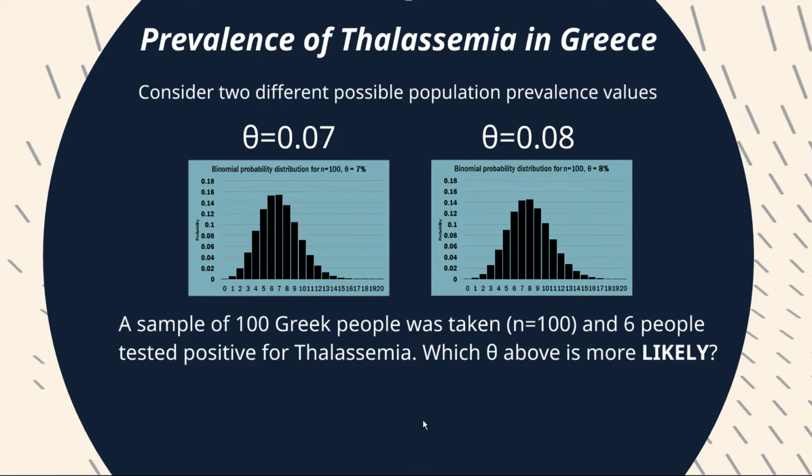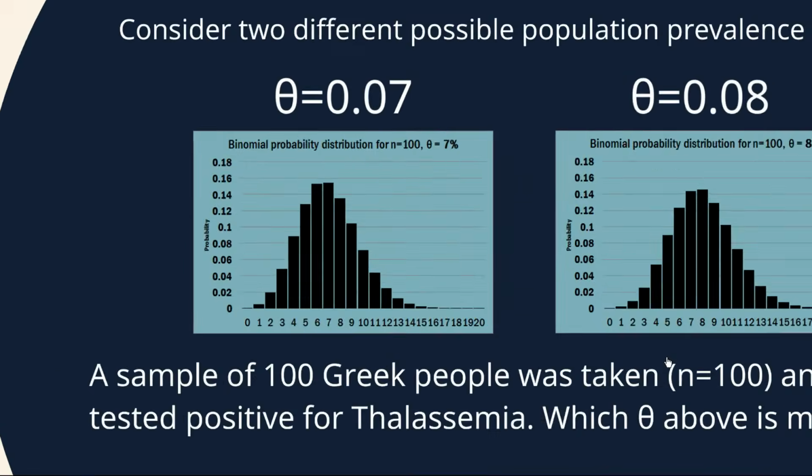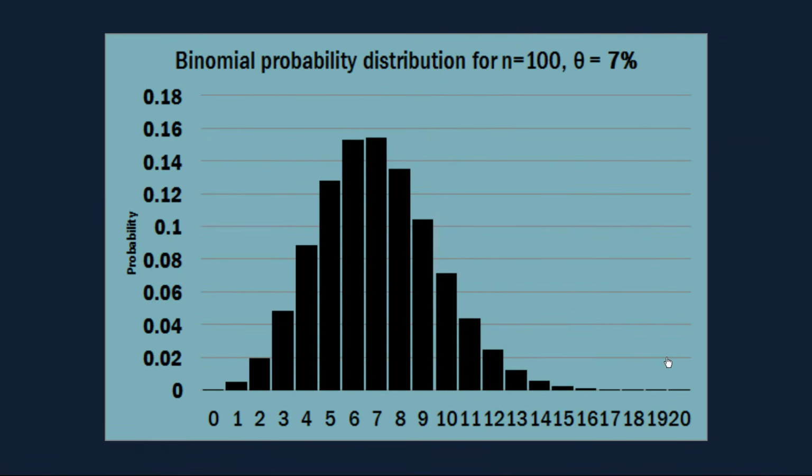But before we can quantify that difference, we actually need to make a key flip in logic. And this is what you need to get your head around right now. You'll notice that we have a fixed sample outcome here where there's 6 people out of 100 testing positive for thalassemia. To assess our likelihood, we're actually going back to this distribution, which is dependent on a fixed parameter value.